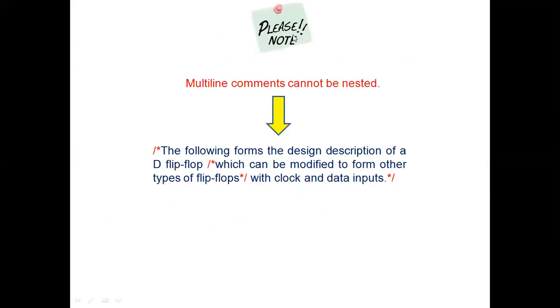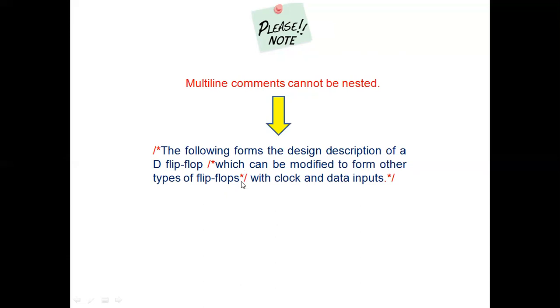Next, please make a note of this point. Multi-line comments cannot be nested. You should not nest the multi-line comments. See this example. First you begin the multi-line comment with this symbol. Well and good. The following forms the design description of a D flip-flop. Again, you started the beginning of the comment symbol, which can be modified to form other types of flip-flops.